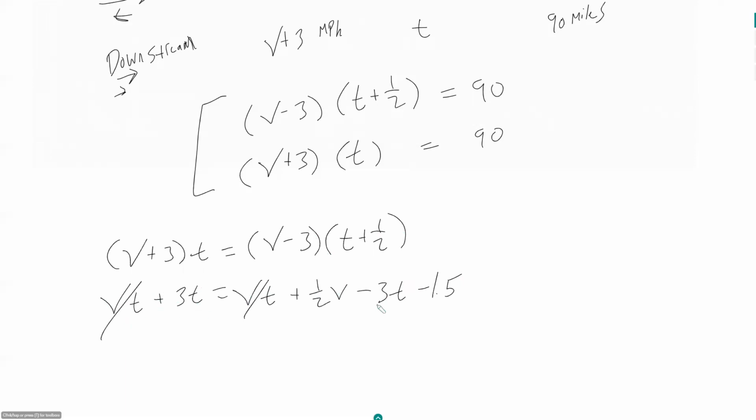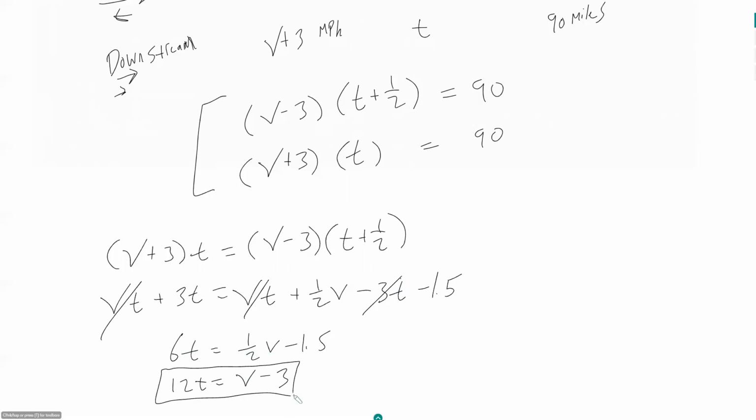I can add 3t to each side. So I get 6t is equal to 1/2 of v minus 1.5. And maybe I'll multiply everything by 2 here to get rid of my decimals. 12t is equal to v minus 3.